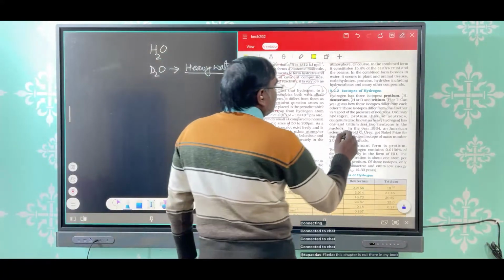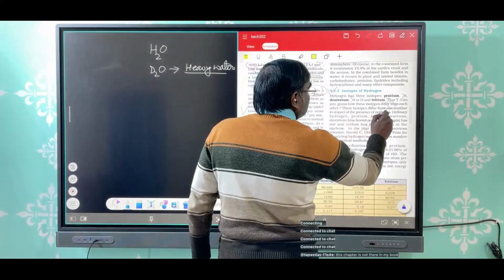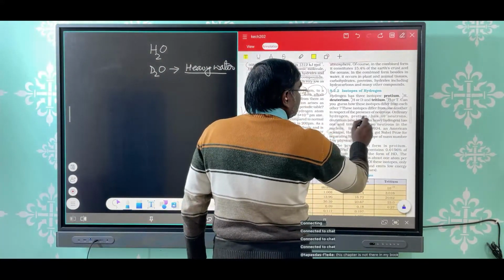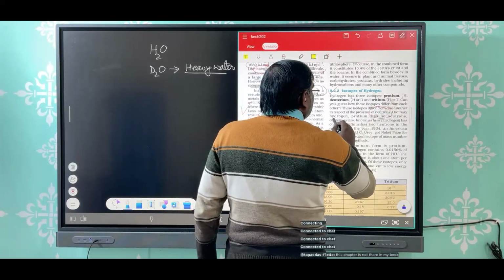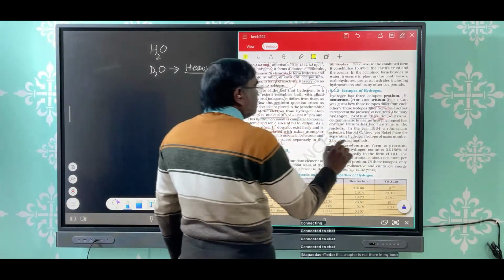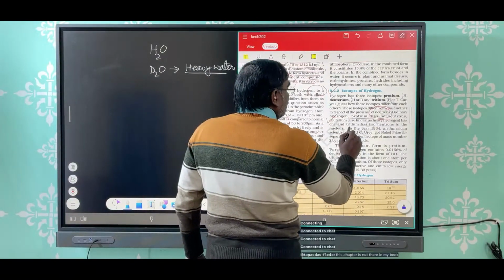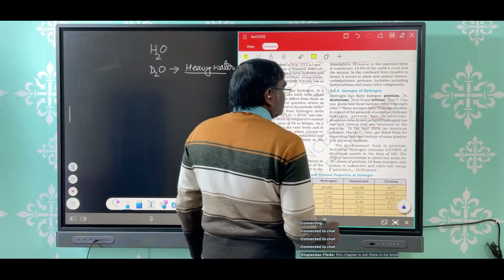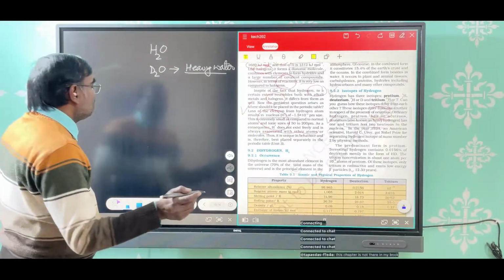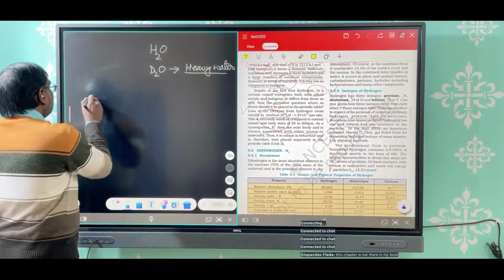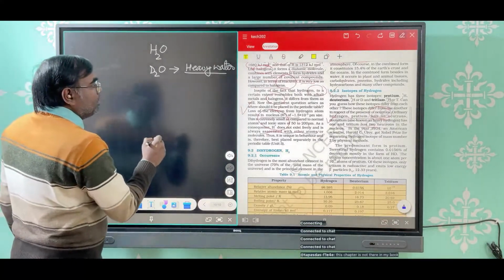As per the NCERT textbook, these isotopes differ from one another in respect of the presence of neutrons. We discussed that ordinary hydrogen, protium, has no neutrons, deuterium has only one neutron, and tritium has two neutrons in the nucleus. And Harold C. Urey, note it down. That is an important point for your competition.